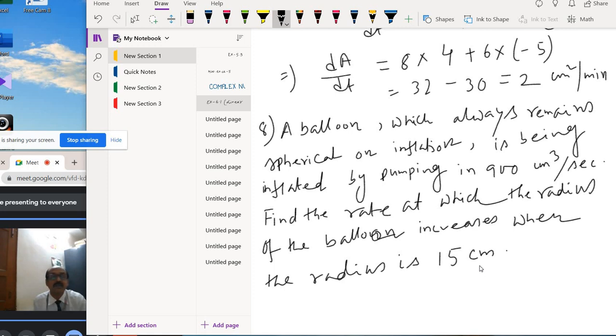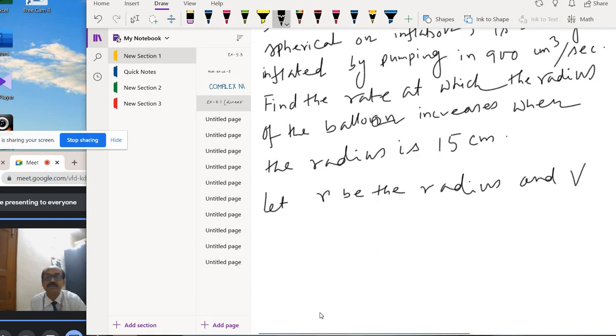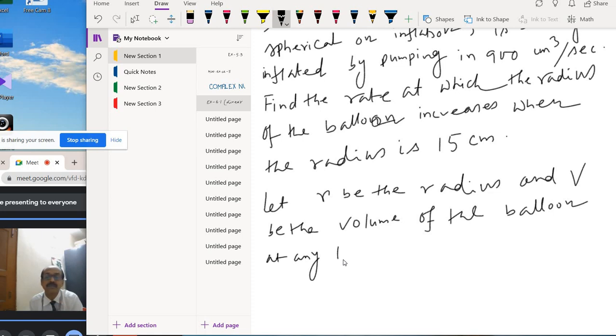Okay, so let R be the radius and V the volume of the balloon at any time t.